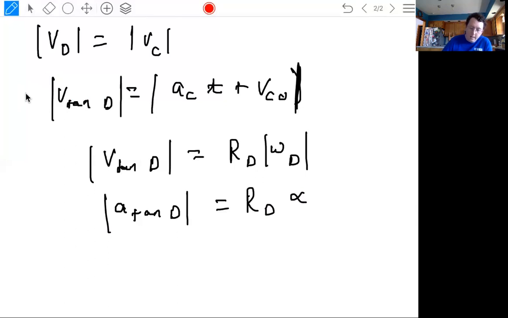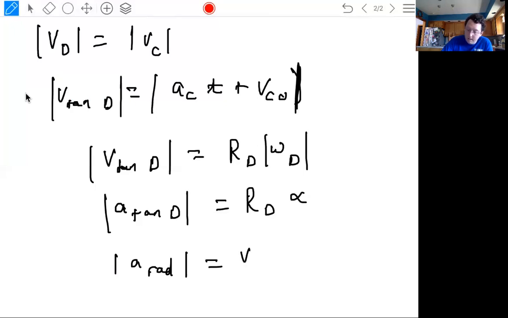Finally, what I know is that the magnitude of the radial acceleration, which in dynamics the book likes to call the normal direction sometimes, the radial component of acceleration, or centripetal acceleration, is v squared over r.